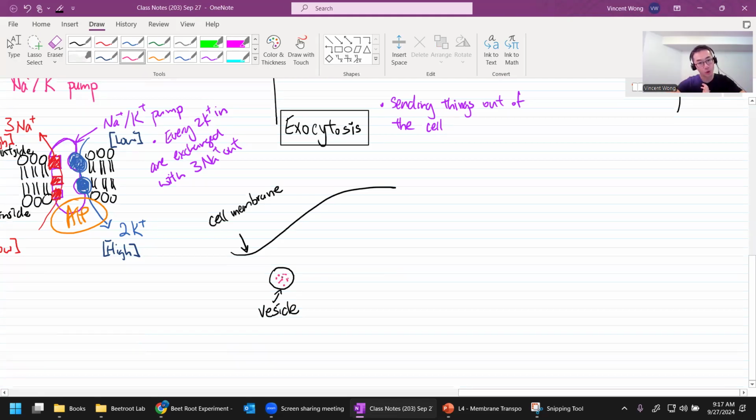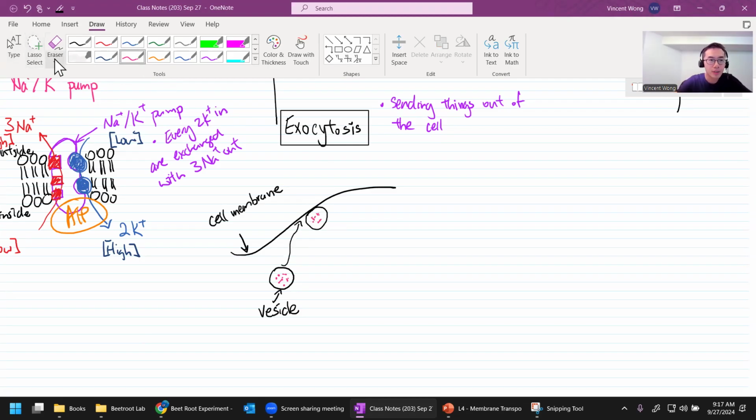In class, I told you that these vesicles can go to different places. It might stay in the cytoplasm until later, become part of the membrane, or become a lysosome, or you can release it out of the cell. So the vesicle will move towards the edge and touch the cell membrane.